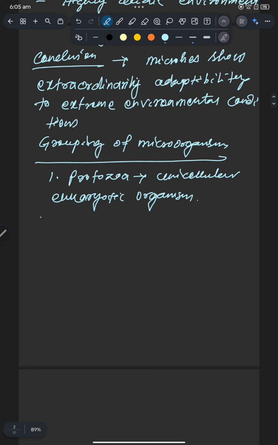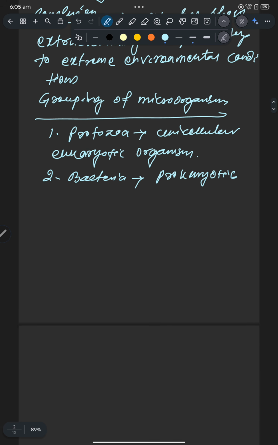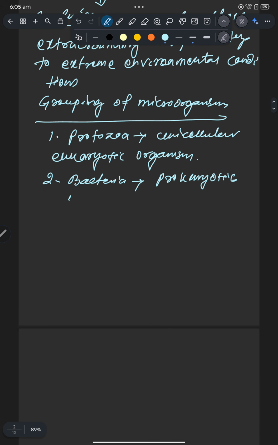The next is bacteria. They are prokaryotic and have different shapes, which you have studied in class 11th.